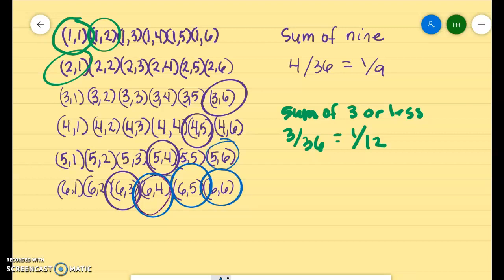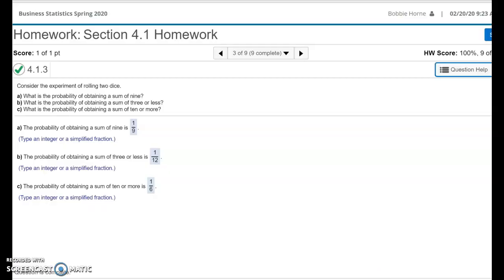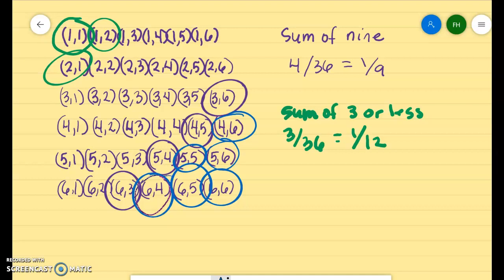All are sums of 10 or more. 4 plus 6. Let's see if there's any more. I believe that is it. So 1, 2, 3, 4, 5, 6. That would be 6 out of total outcomes of 36. So that would simplify to 1/6.